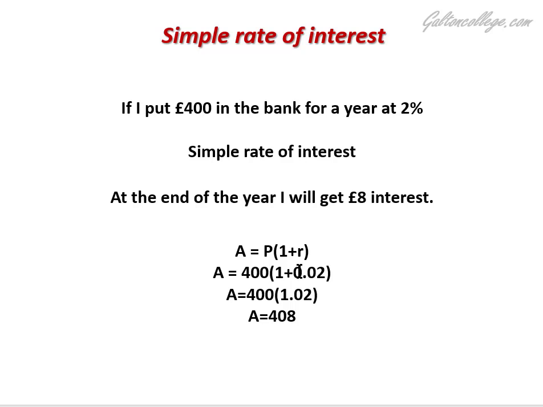So it's 1 plus 0.02. The principal is 400. So therefore, evaluating inside the brackets, I get 1.02 times 400. Multiply that out, and you find it's 408. So that's what I get back after the year.